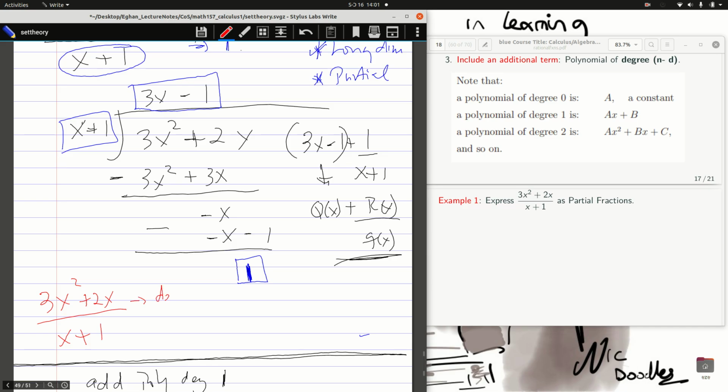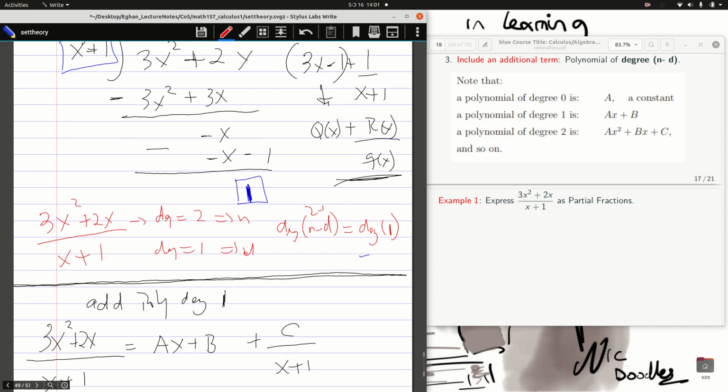Degree of the numerator is 2, degree of the denominator is 1. This is the n, this is the d, and so I need to add degree of n minus d, which means I have 2 minus 1, degree of 1. I have to add a polynomial of degree 1.